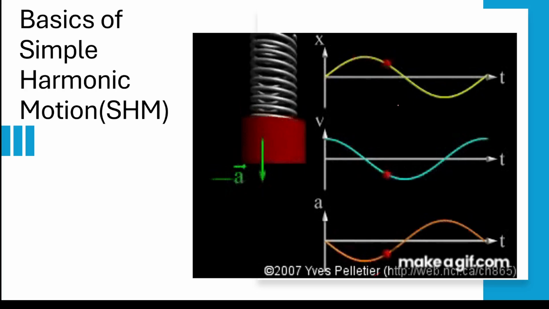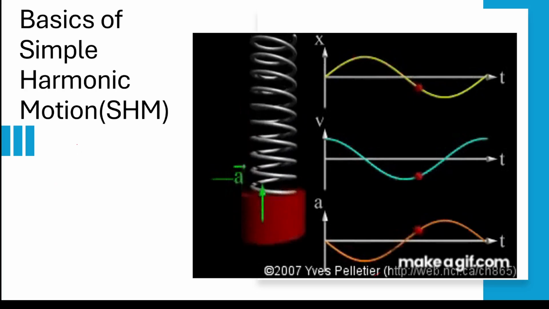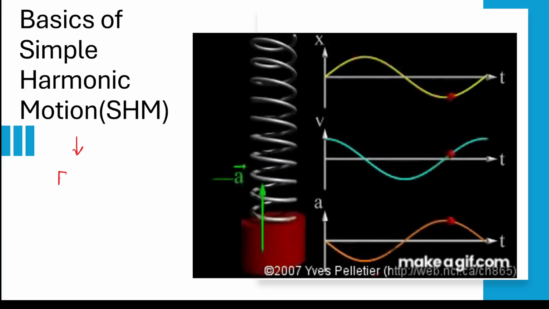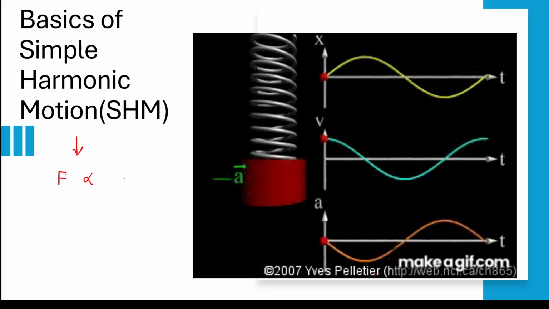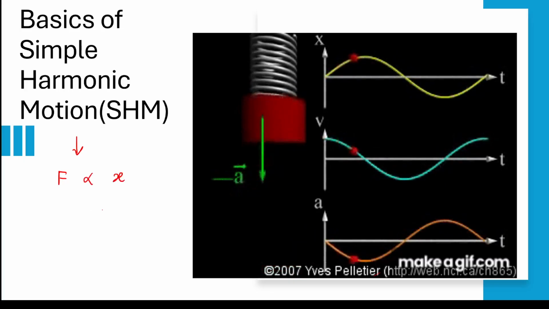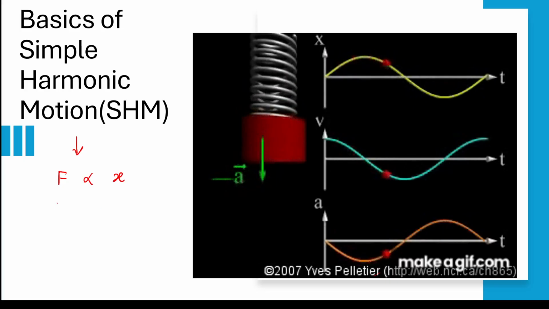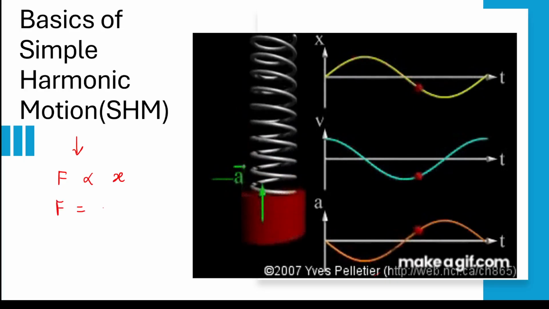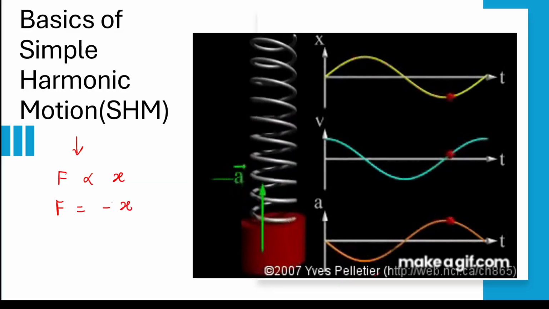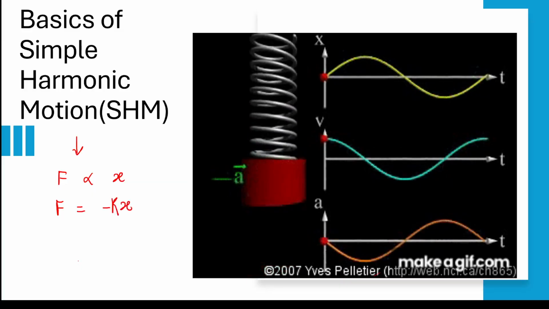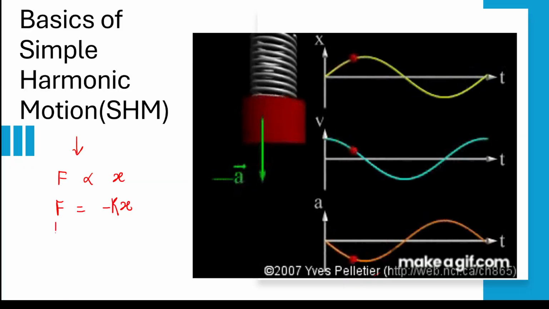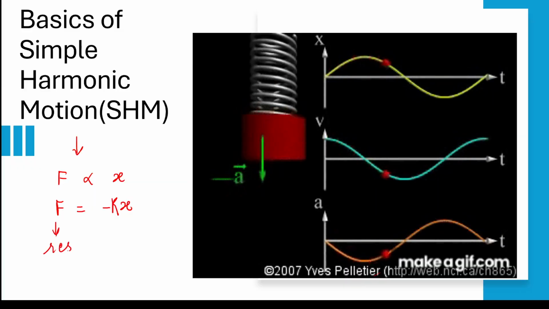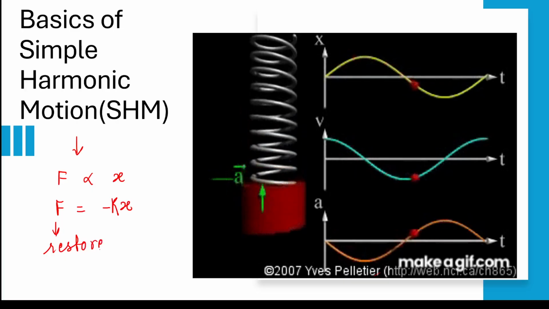We're going to understand these graphs in the next class. Basics: just remember force is proportional to displacement. Because it is proportional to displacement and is negative of displacement, it is called a restoring force, because it always tries to restore it to the original position.